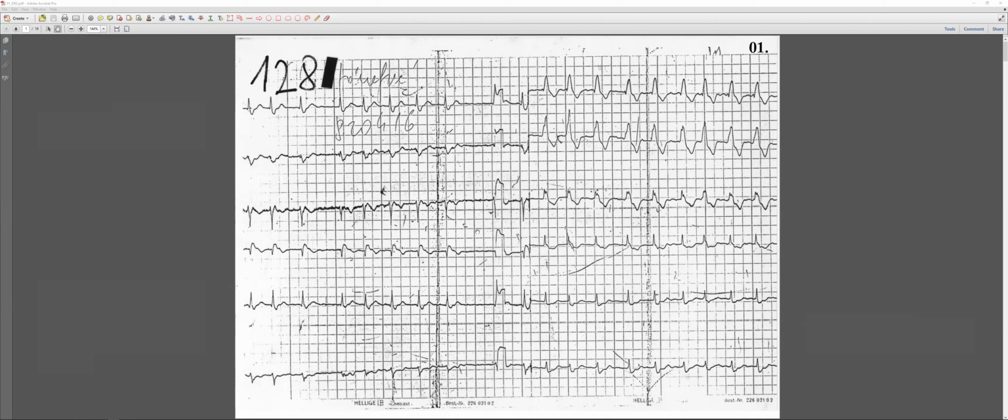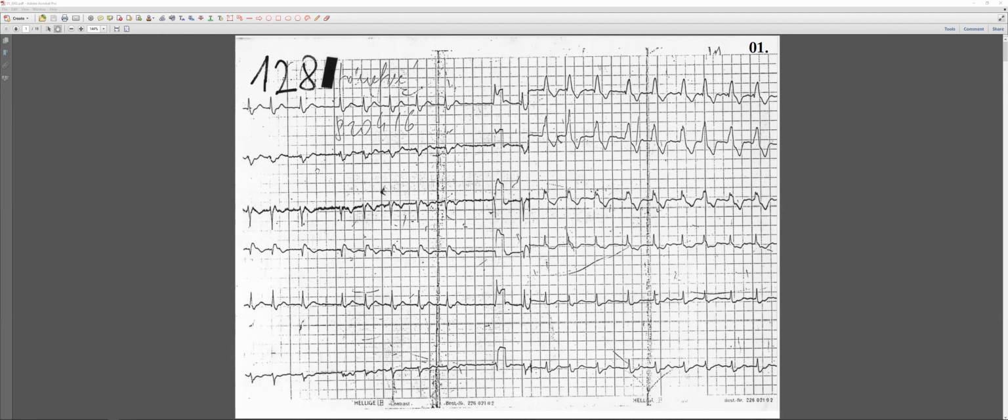Okay, and why did you say bifascicular block? Because if we see, this is lead two.